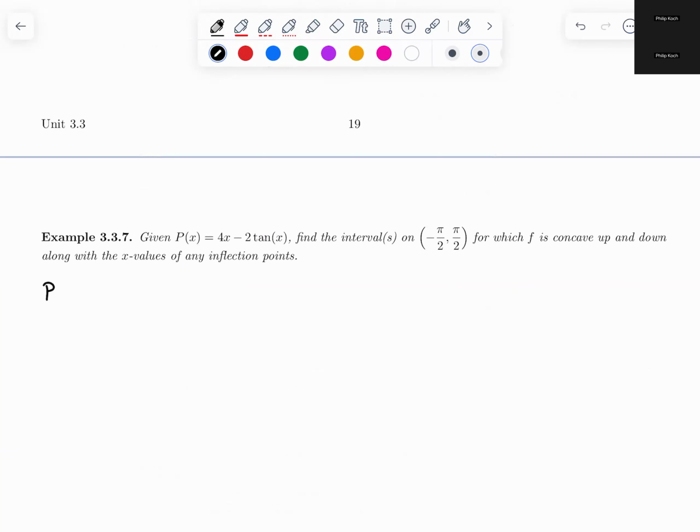So P prime, the first derivative, would just be 4 minus 2 secant squared of x, because the derivative of tangent is secant squared.